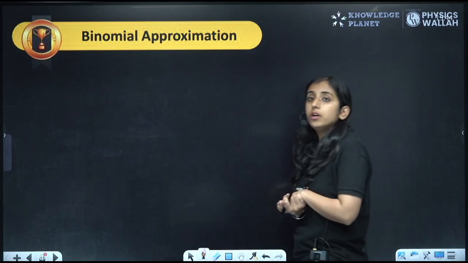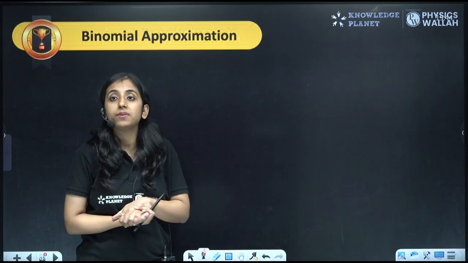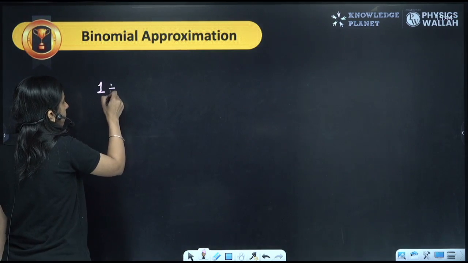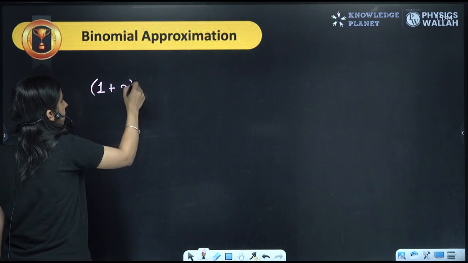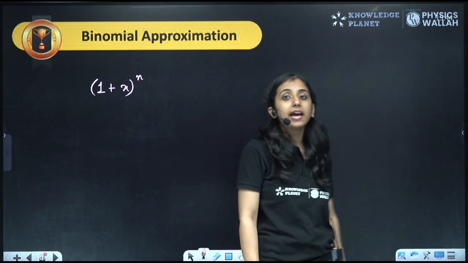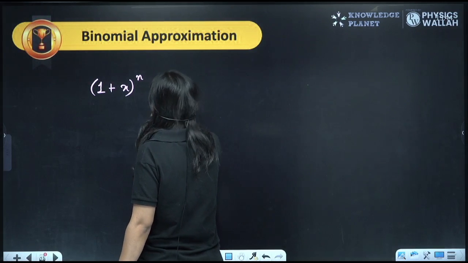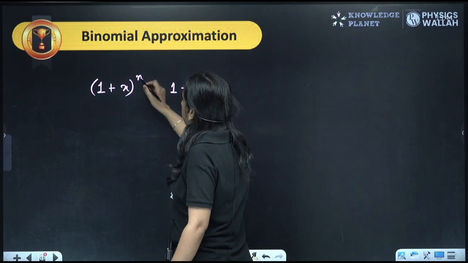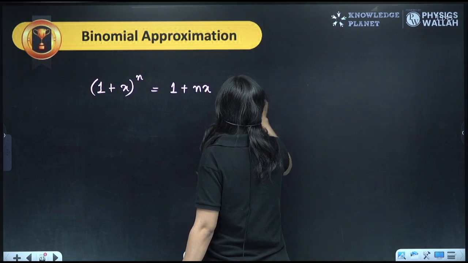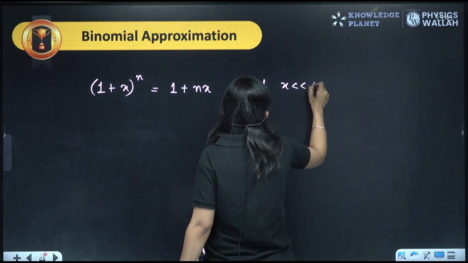Now move forward to binomial approximation. What does the binomial approximation say? It says that if we have 1 plus x raised to the power n, then this can be written as 1, as it is, plus the power n coming forward in multiplication with x, only and only if x is much less than 1.